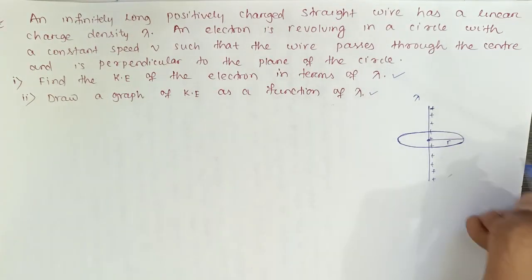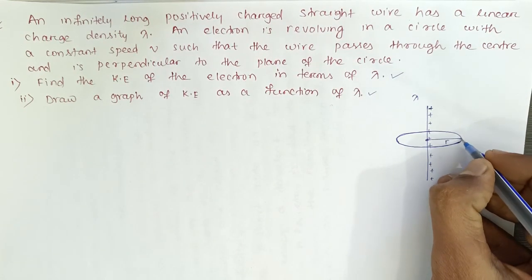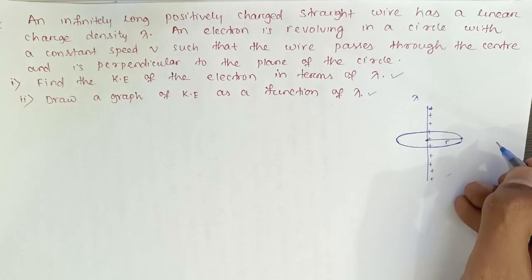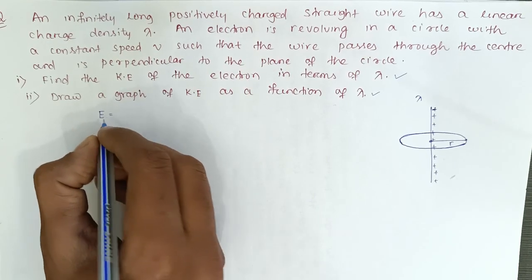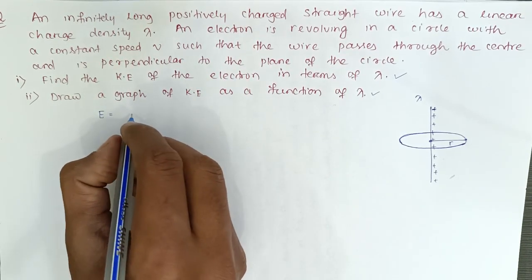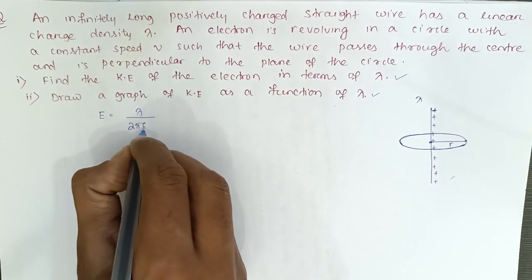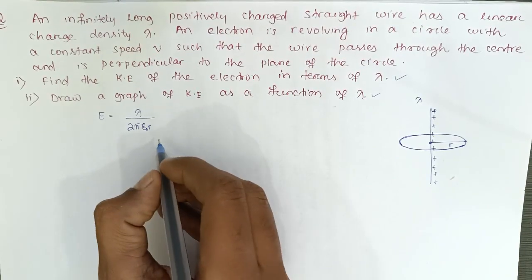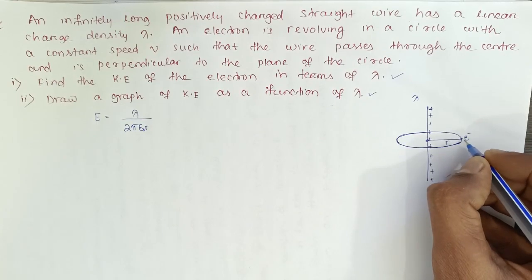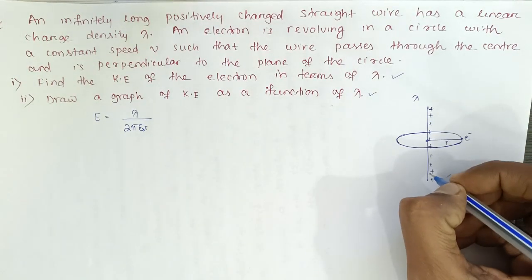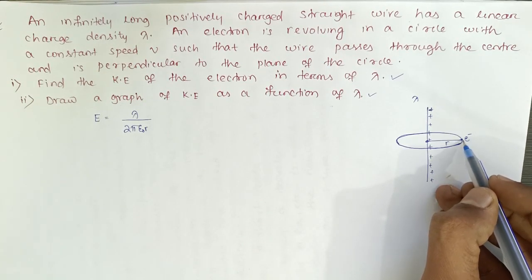So first, let us find what is the electric field due to this charged wire at a distance r from it. We know that the electric field due to an infinitely long positively charged wire at a distance r is given by E equal to lambda divided by 2 pi epsilon naught r. This is the formula for the electric field, and the electron is revolving here. The distance of the electron from the wire is r. So at this position the electron will experience electric force.